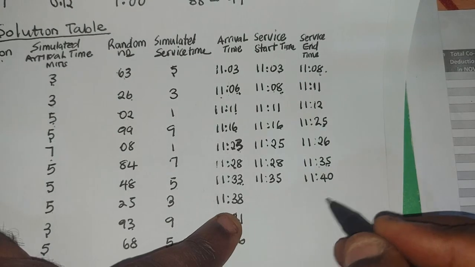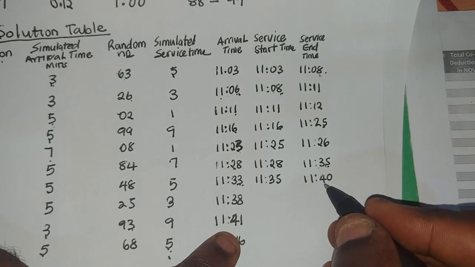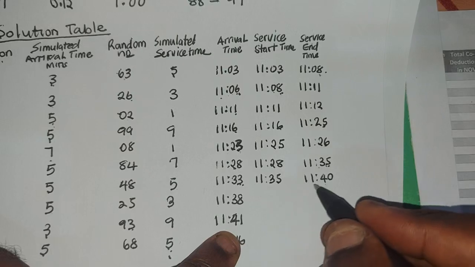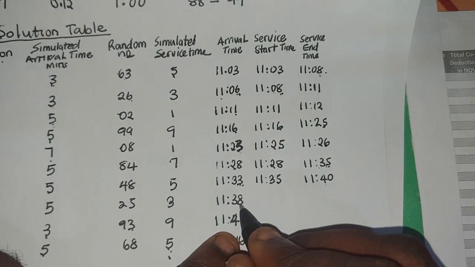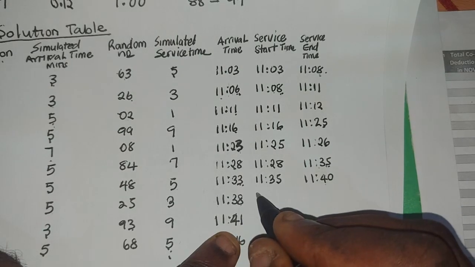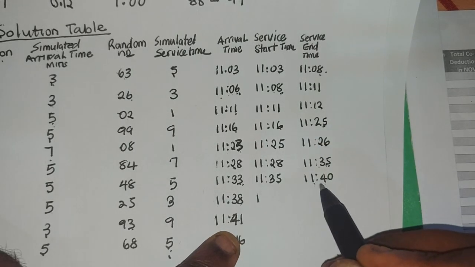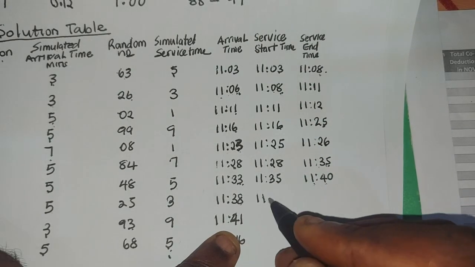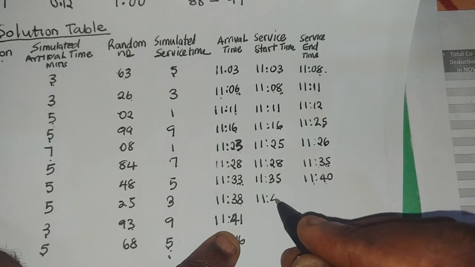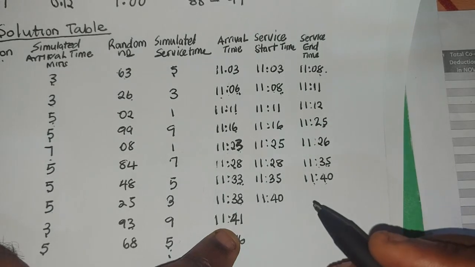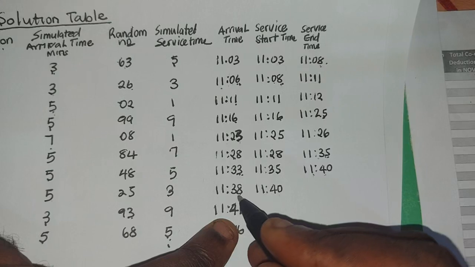Okay, if he starts, don't forget, a customer is already waiting, but the customer will start when the current customer ends the service. It will not be attended to until 11:40. All right, until 11:40.